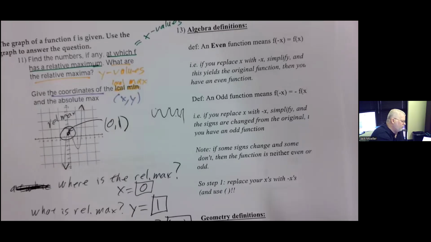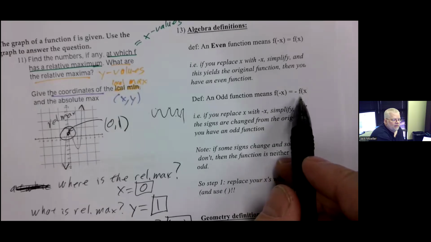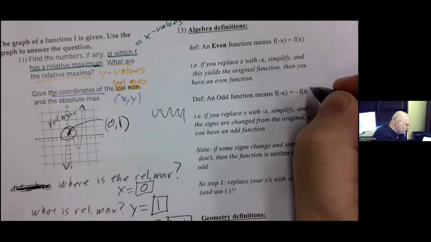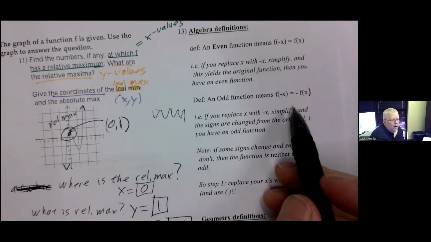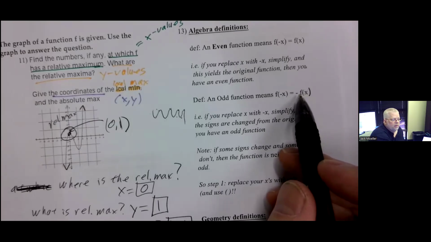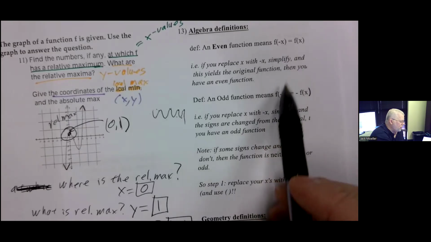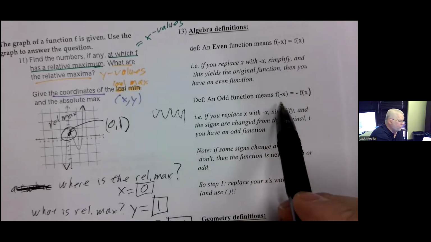For an odd function, we're going to do the same thing. We plug in negative x, do the algebra, and clean it up. Now that says it's equal to negative f of x. What negative f of x means is the opposite of f of x, so every single sign has to change. For both even and odd, the first step is replacing x with negative x.